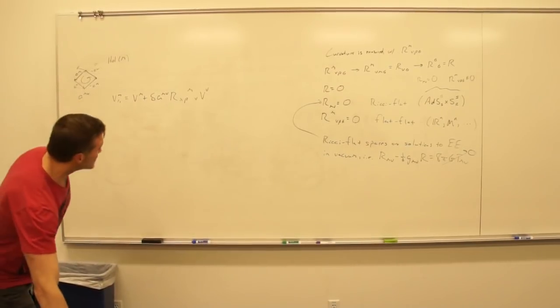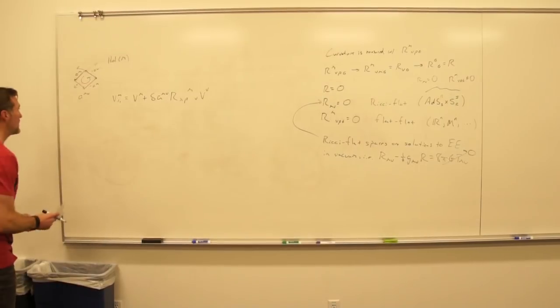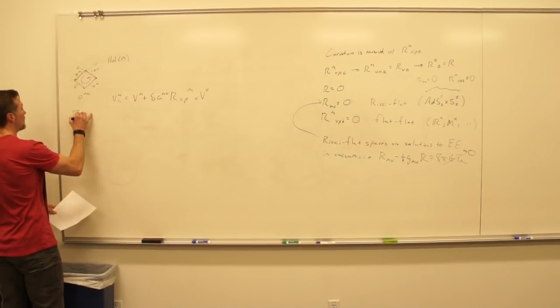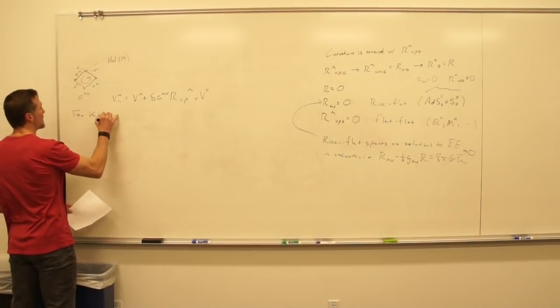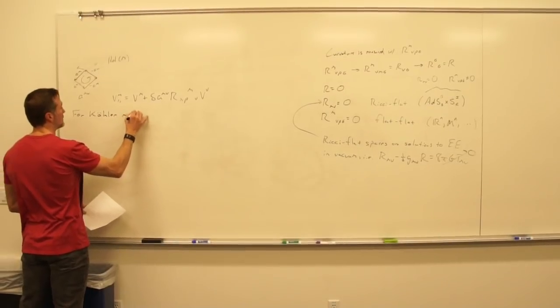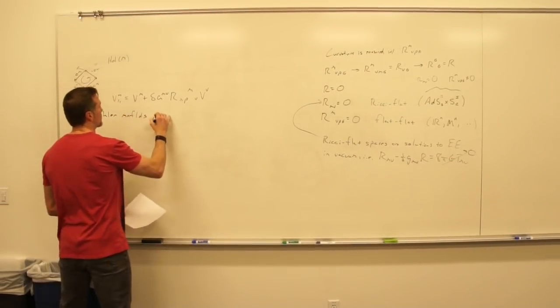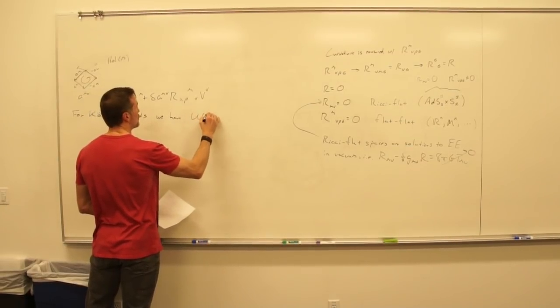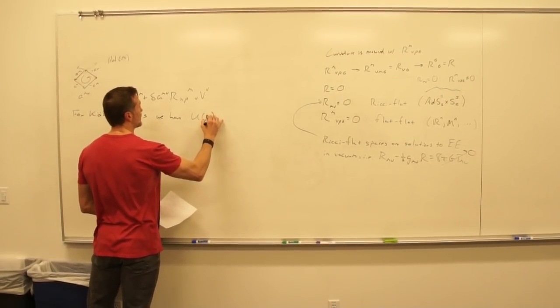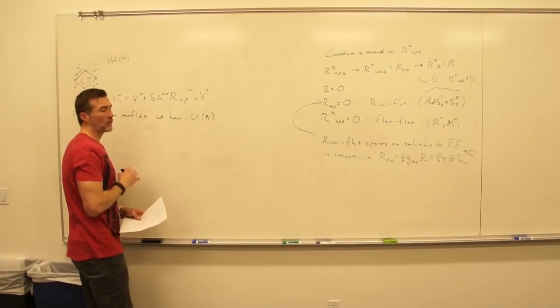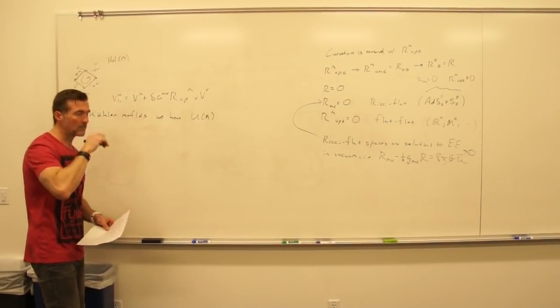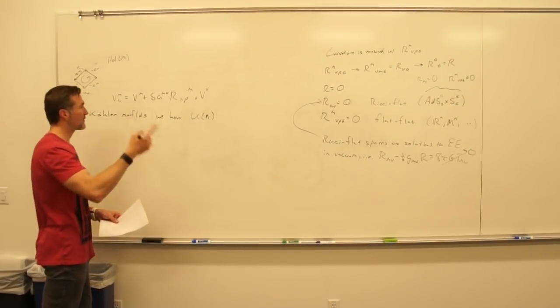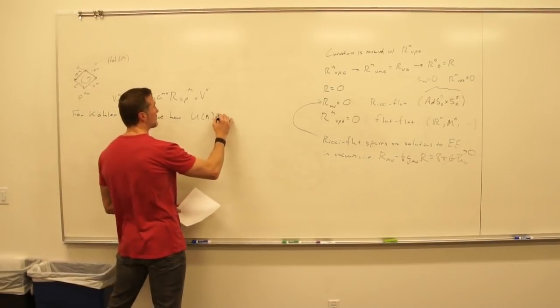Okay, but what's interesting about this is that for Kahler manifolds, we have the U(N) holonomy, of course this is the condition that a holomorphic vector remains holomorphic around parallel transport around a closed path.